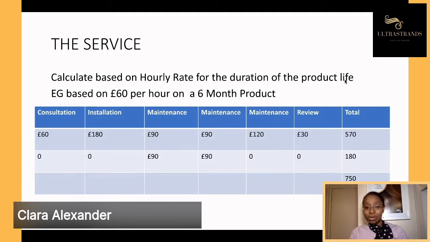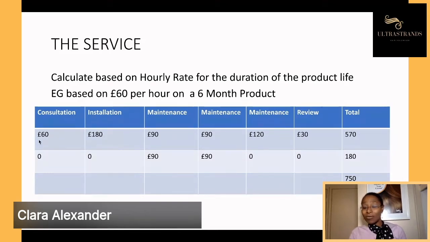So the product is ultrastrand, and this is the 6 monthly cycle that we use for ultrastrands, because we have said that the product on average will last between 6 to 12 weeks to 6 months to 12 months, and we're basing it on a 6 monthly cycle. So the first few months up until the point of the review, we've calculated that total is going to be 570.